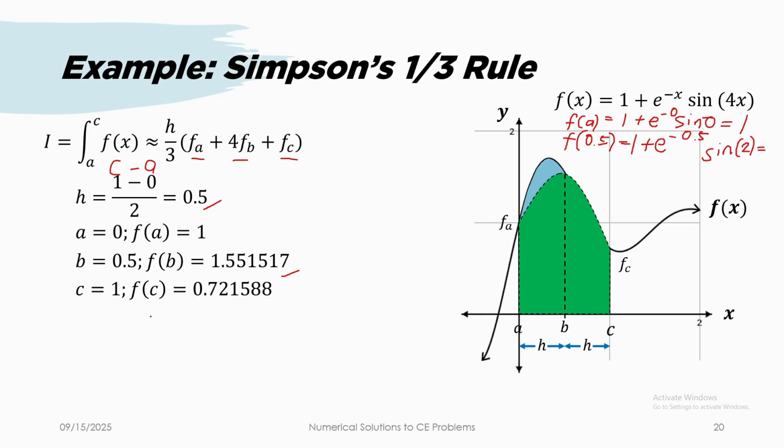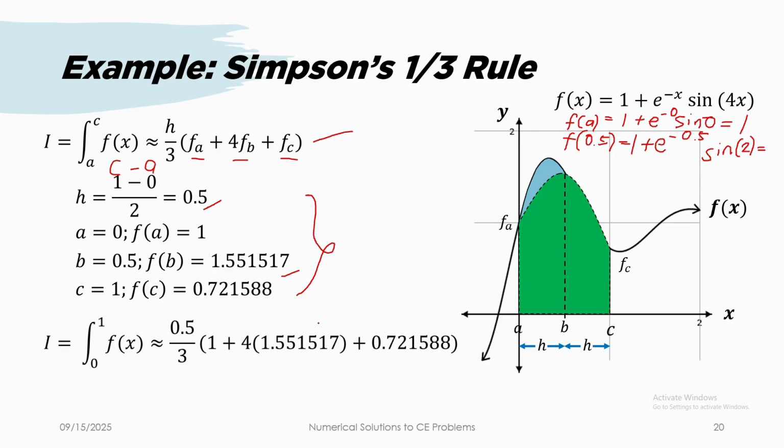For c, it's just the same as b from the previous, so we could just copy from the previous. Evaluated at 1, the function becomes 0.721588. Now we have all those needed for the formula. We can now compute. The area under the curve is approximately 0.5 over 3 times the sum of 1 plus 4 times 1.551517 plus 0.721588.